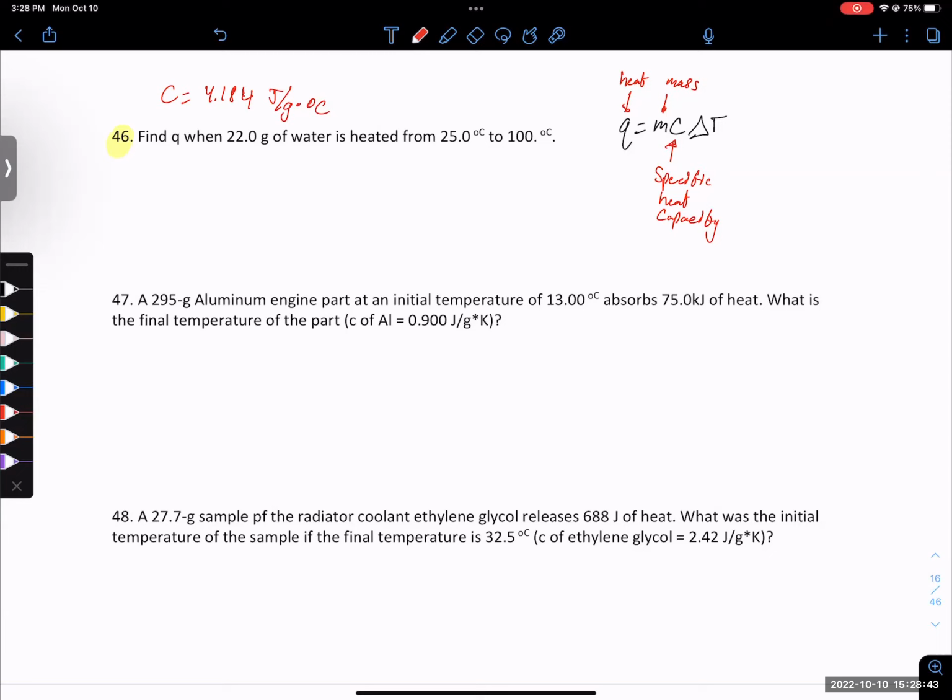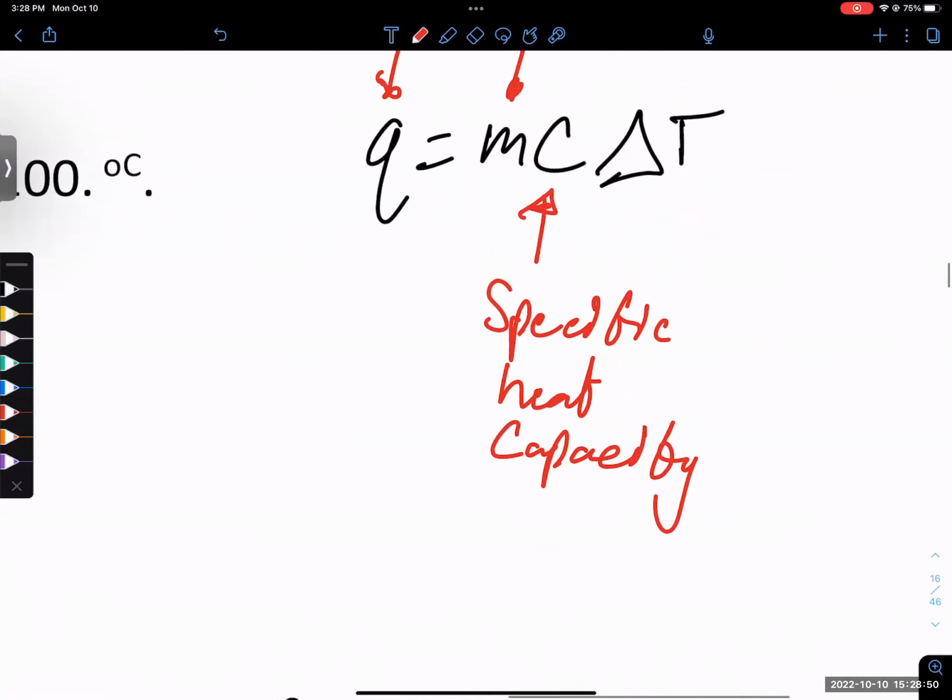It says specific heat capacity, yeah. And then your delta T is your change in temperature. Is that in Kelvin? It can be in Celsius. It doesn't matter.